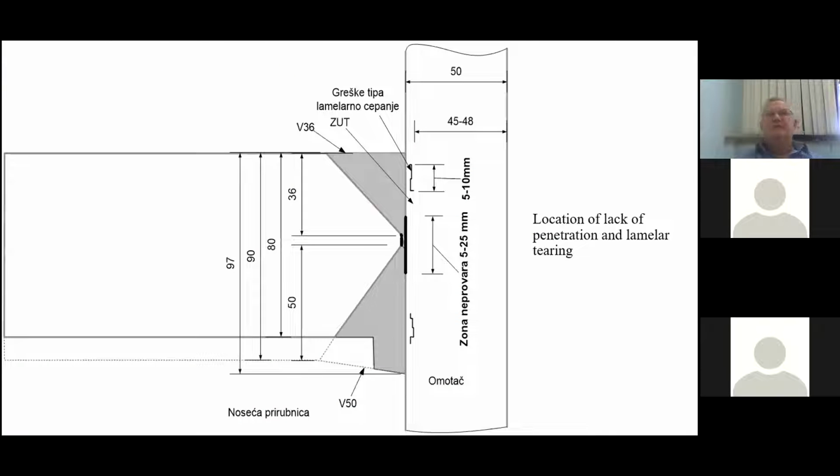So finally, to summarize, the few most important defects that were found were lack of penetration. You can see it here. That went up to 25 millimeters, and a few lamellar tearings that went up to 10 millimeters.